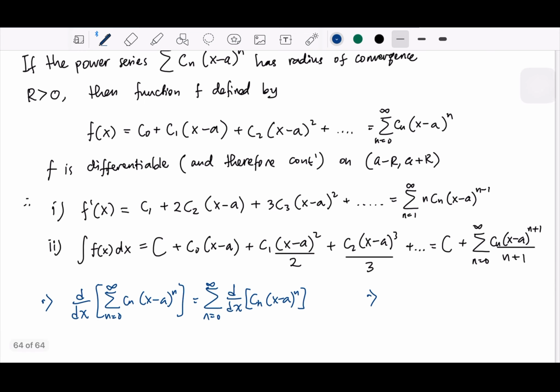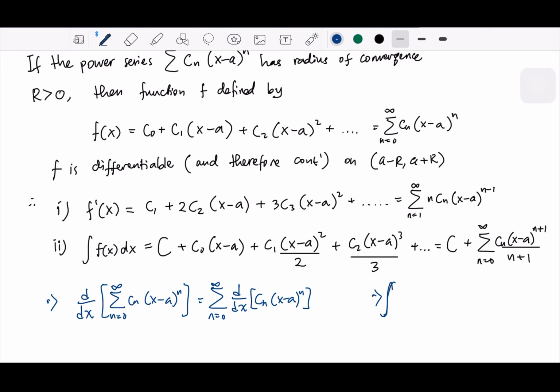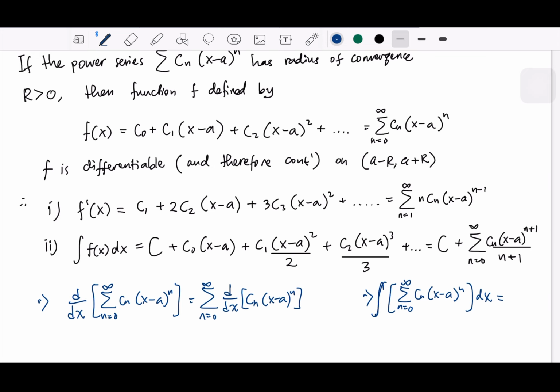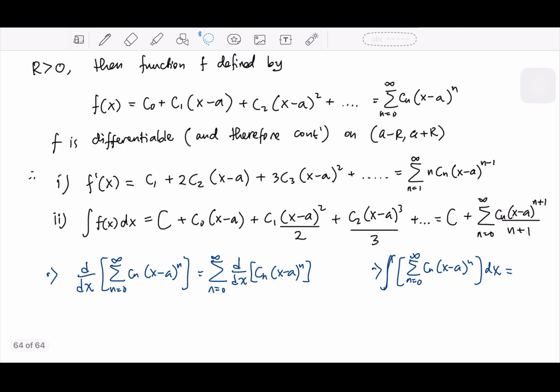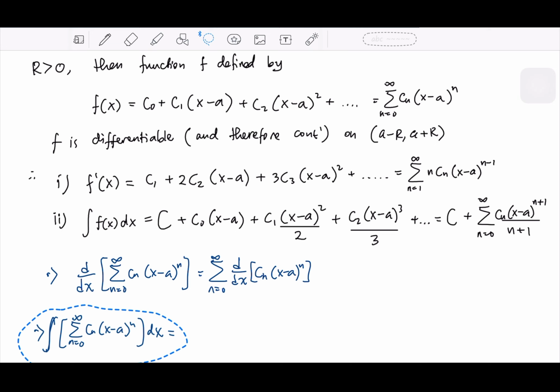And for integrations, we can write, or let me write at the bottom, maybe here.